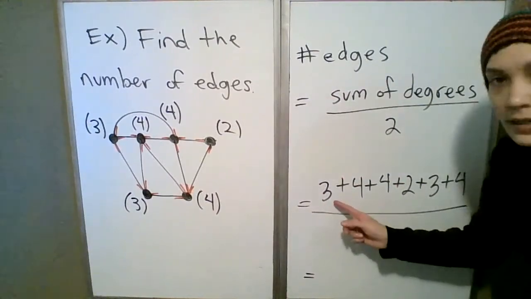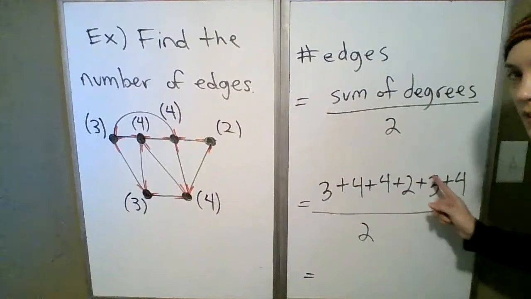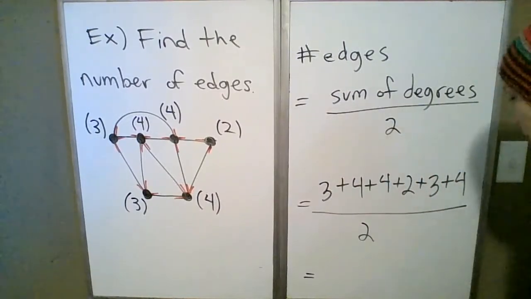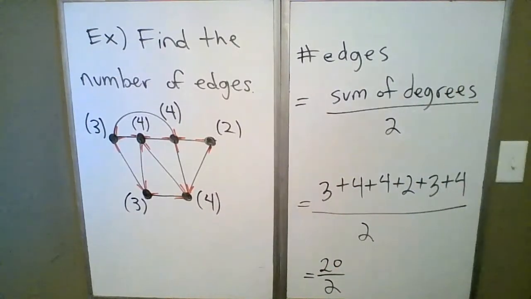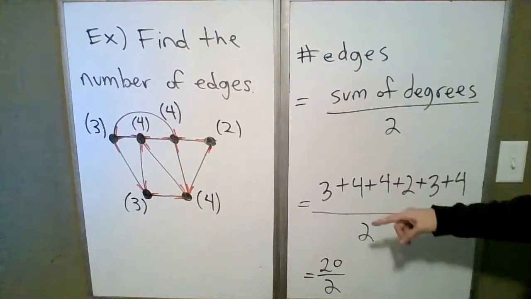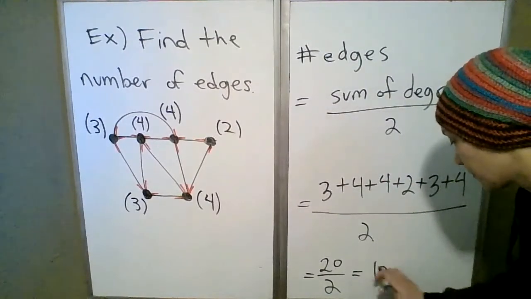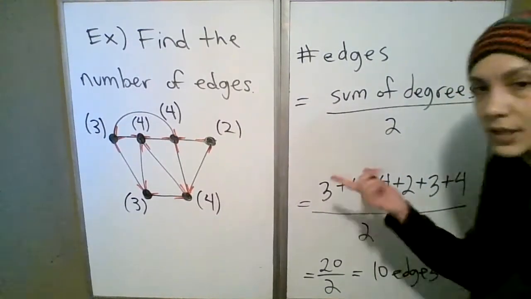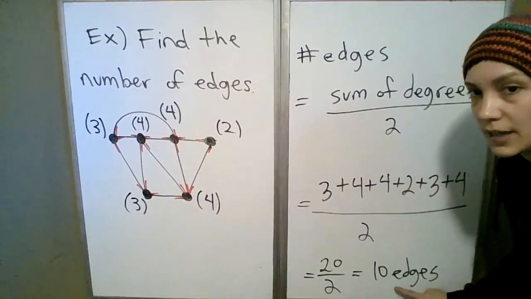Okay, let's see. 7, 8, 9, 10, 11, 12, 13, 14, 15, 16, 17, 18, 19, 20 over 2. Okay, 10 edges. And we're going to actually just use the graph and highlight all of the edges, make sure that there are actually 10.